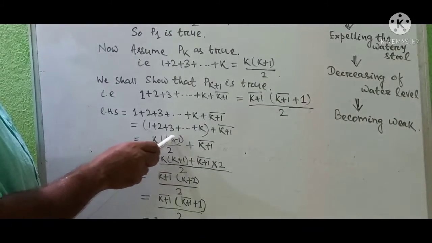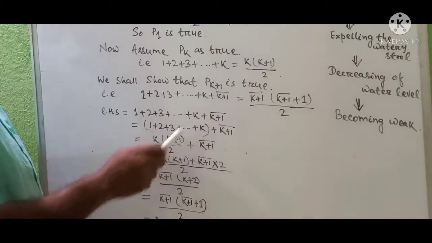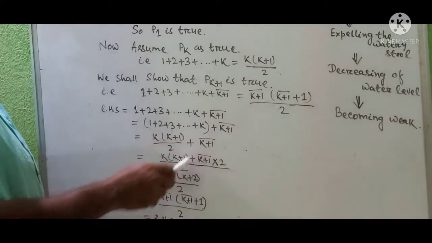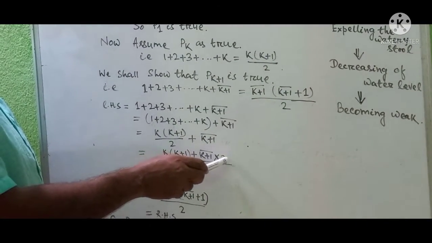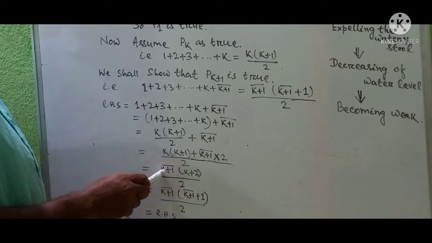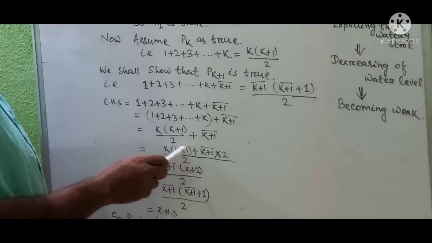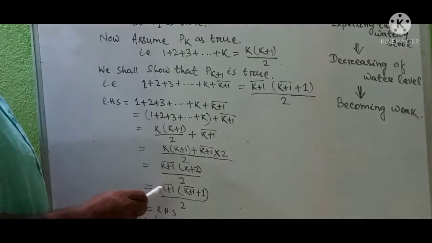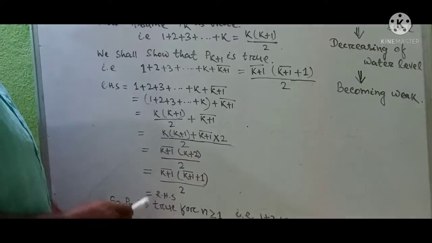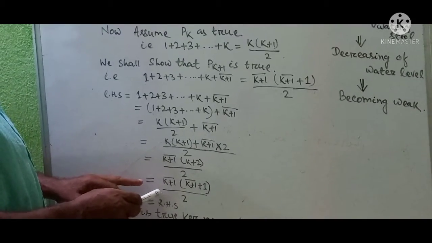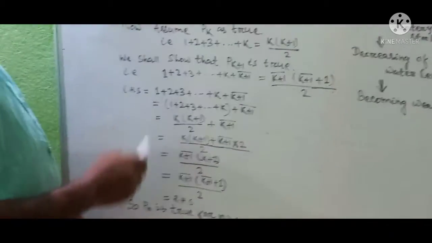So k(k+1)/2 + (k+1), taking LCM 2, is k(k+1) + 2(k+1) over 2. Taking (k+1) common, that is (k+1)(k+2)/2, which is (k+1)(k+1+1)/2, equal to RHS.